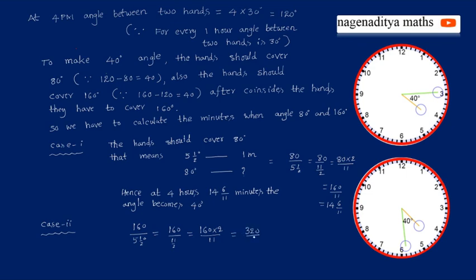That becomes 29 1/11 minutes. Hence at 4 hours 29 1/11 minutes, the angle made by the two hands becomes 40 degrees.